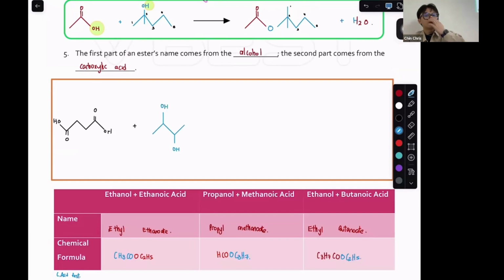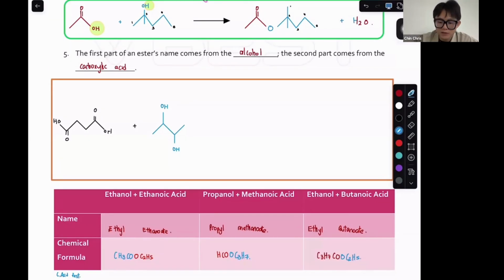Alright, can you try to draw the ester here? This is slightly harder, actually kind of difficult also. You will get a cyclic compound, which means everything is going to be enclosed.